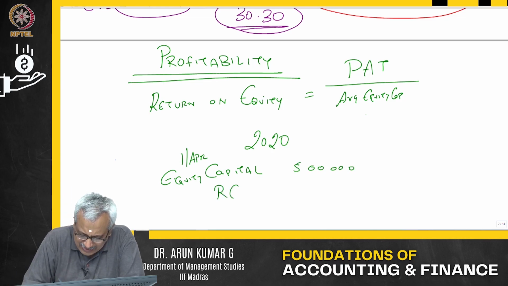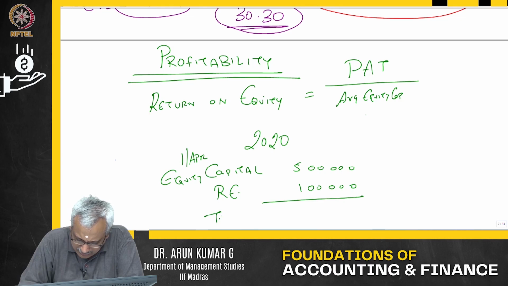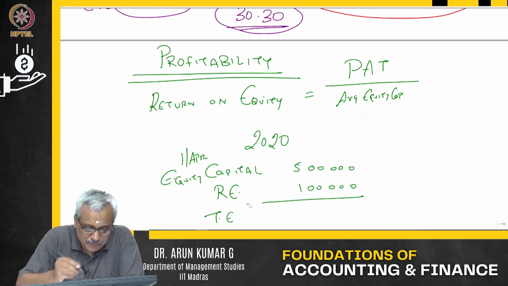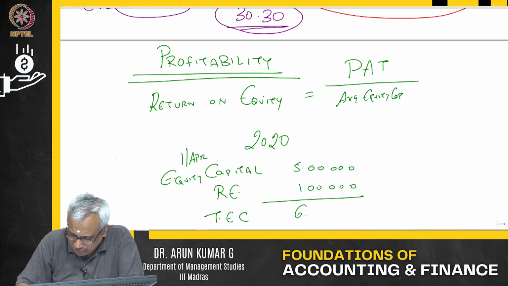My retained earnings, or reserves and surplus, was another 1 lakh. What is my total equity capital? My total equity capital, or the total tangible net worth, is about 6 lakhs.